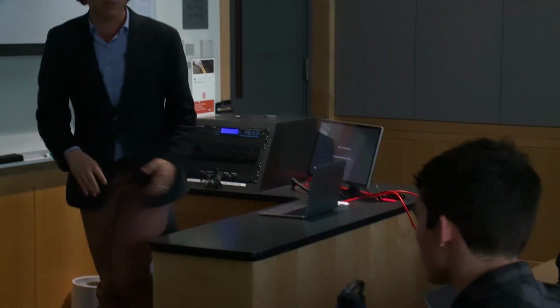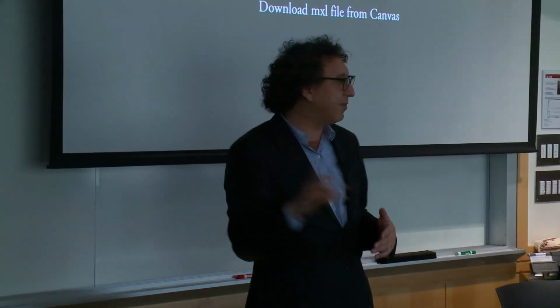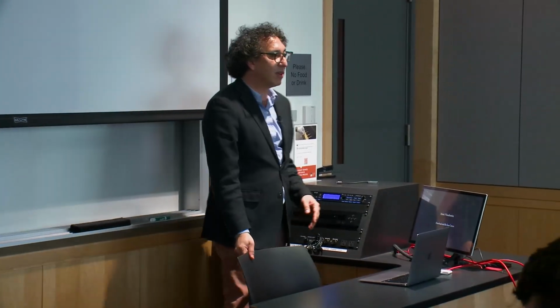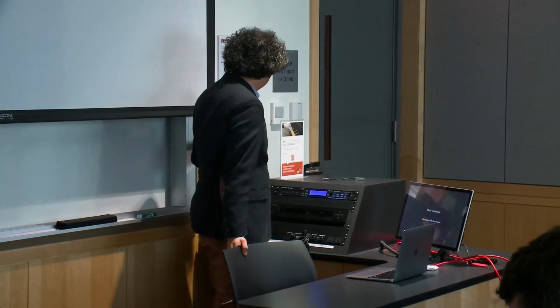Yep, so are we up there? Go ahead and download. There is the MusicXML file of this piece on Canvas, so take a minute. It's under copyright, but I'm going to assert a claim of fair use for us to be able to analyze with it.